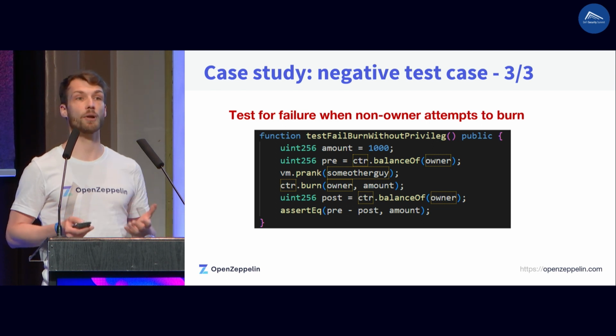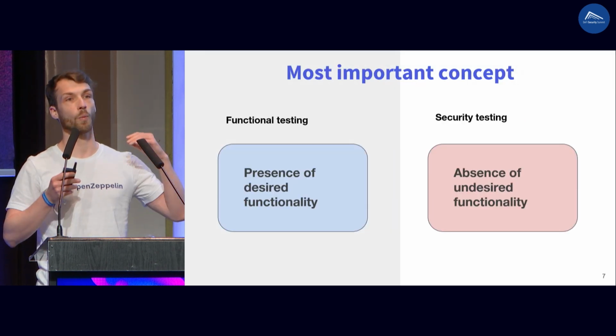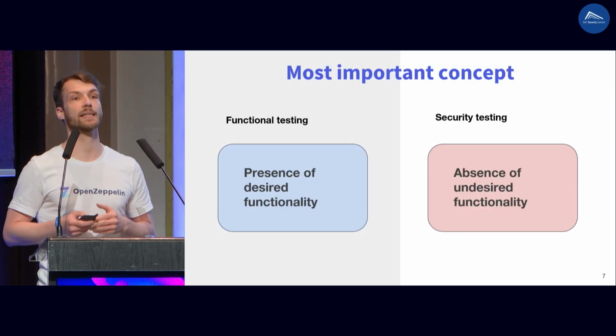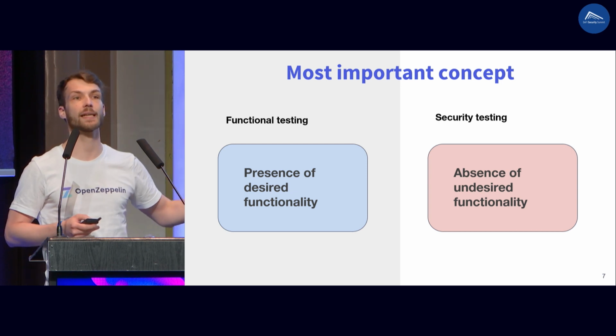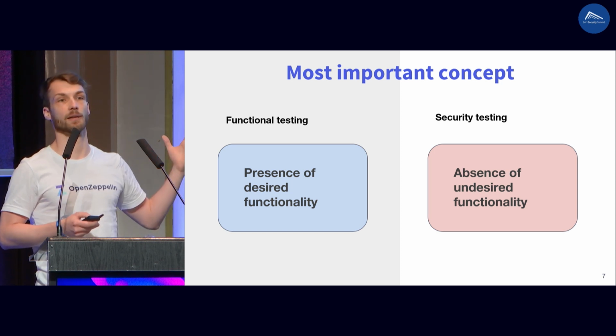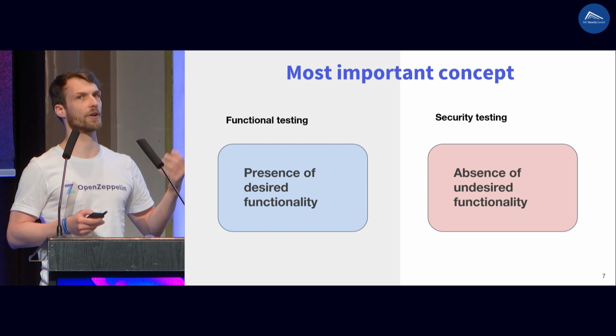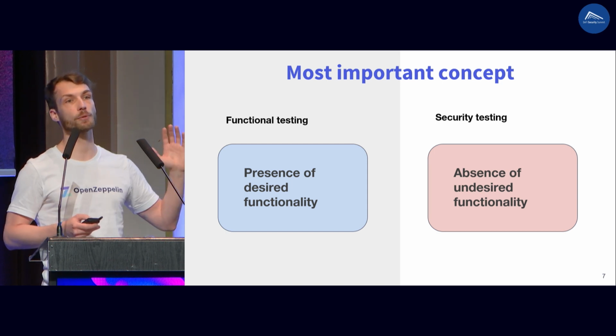Now, this was a small example. Let's move to the overall principle. What we typically see when somebody says they are doing testing is completely on the left side. They do functional testing, they are concerned with coverage. But this is just one aspect of testing. And it's good that you do it, but it has actually very little to do with security. If you want to do security testing, you have to be on the right side.